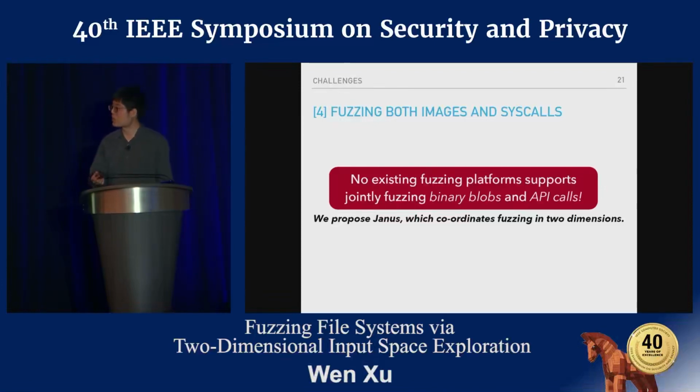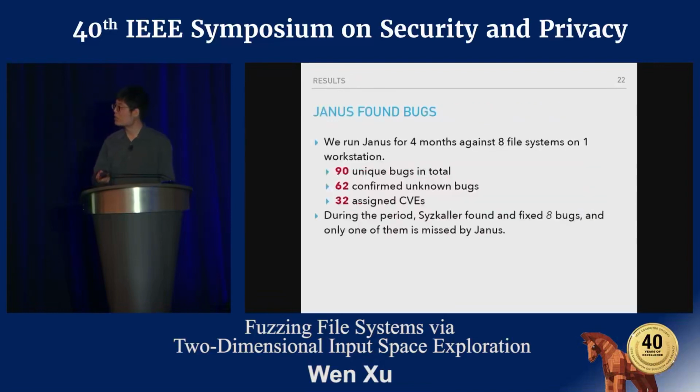So we propose Janus, which achieves this. We ran Janus for 4 months against 8 file systems, and we found a total of 19 unique bugs in these file systems, for which we got 32 CVEs. And during this period, we checked Syzkaller, and it found and fixed only 8 bugs, and only 1 of them was missed by Janus.